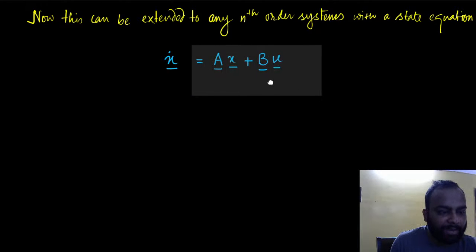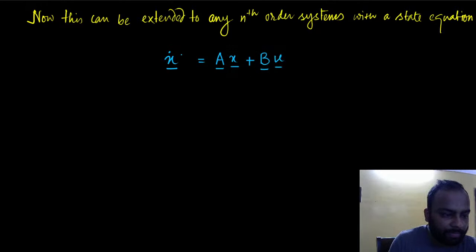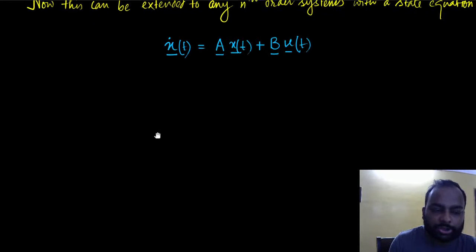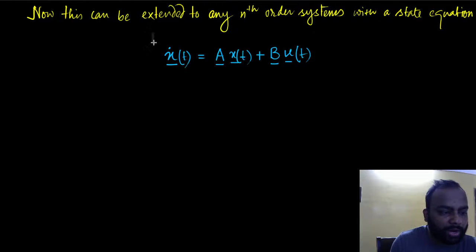And again, A and B are constants. I have explained this many times, right? Now this is a function of time, because x(t) itself is a function of time and u(t) is also a function of time. Just to remind you what we are talking about.